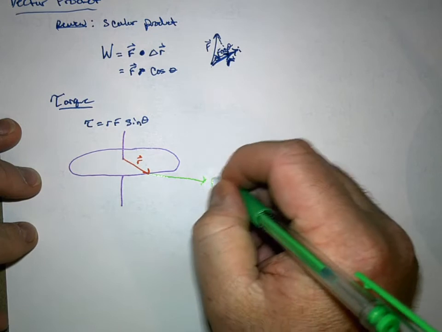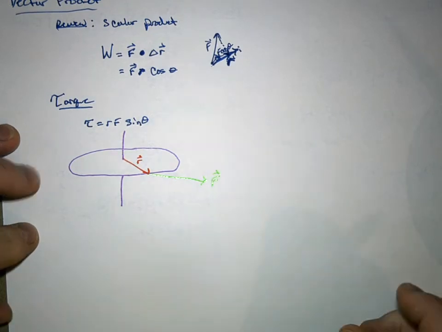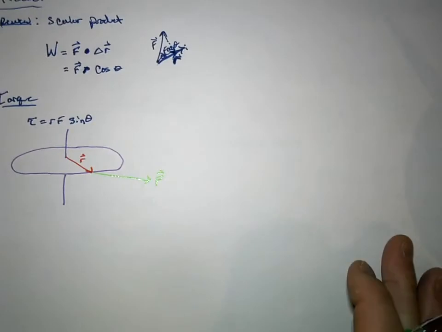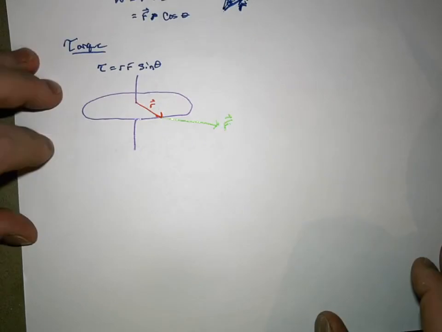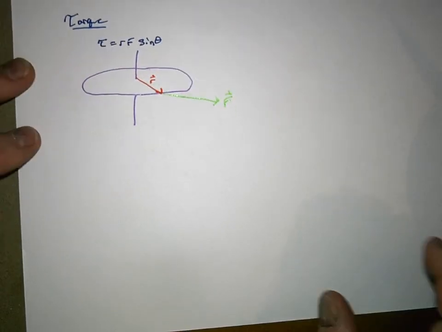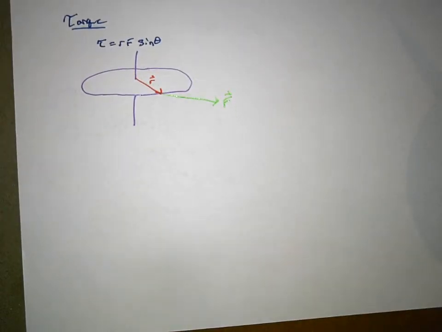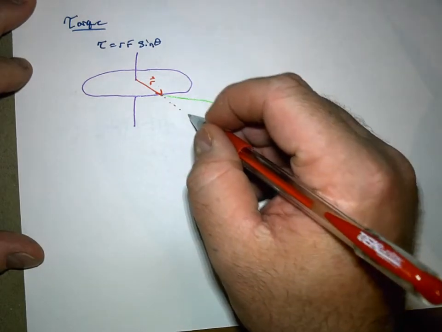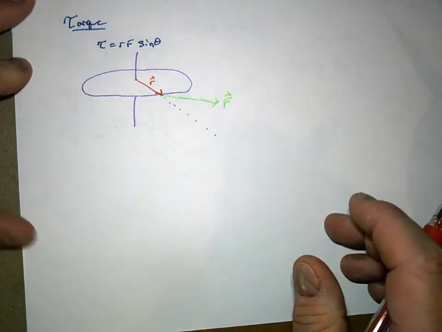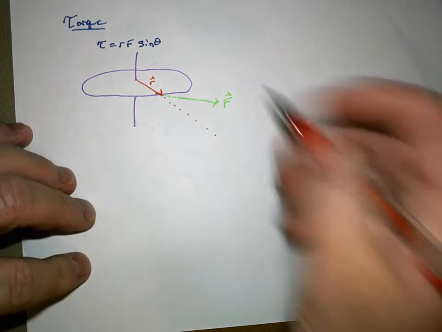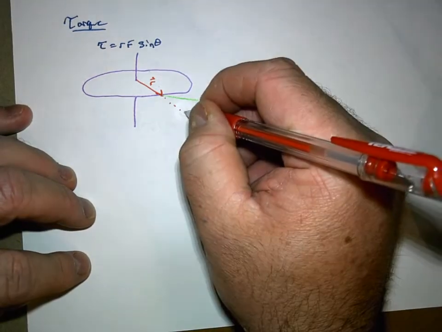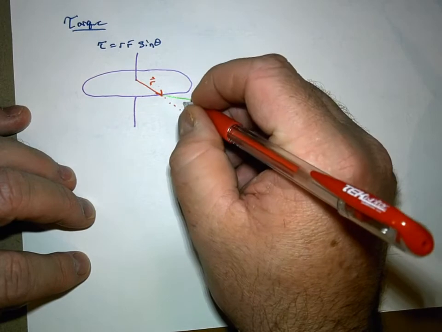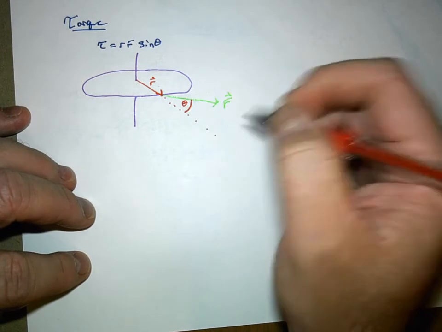Here's our force, which is sort of in an off direction. This usually shows up better, if it's out of the light a little bit. So that's the direction of our force. Now, our radius continues on in this direction. That's the direction of the radius vector, and there would be an angle here in between them, and that's going to be our theta.